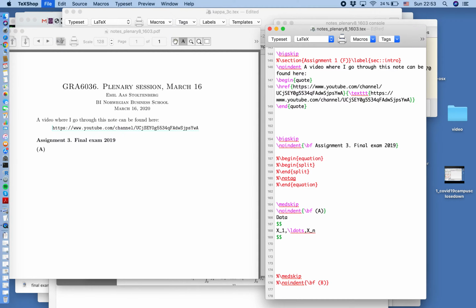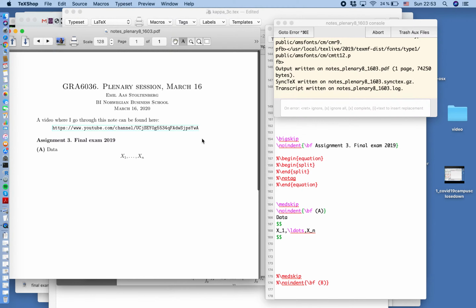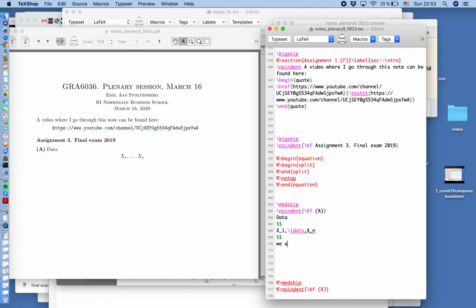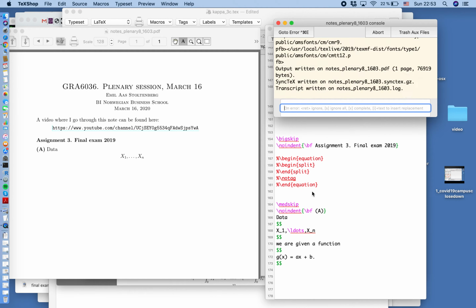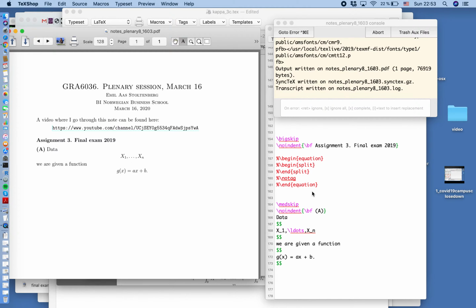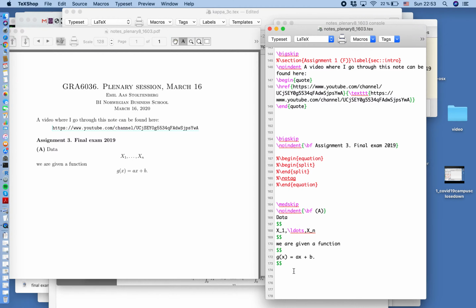first, we have some data. It's usually denoted by x with indices 1 up to n, and we are given a function. So our function is the linear one, so it's equal to g(x) = a times x plus b. So this is the function, and we use this function to transform each data point.